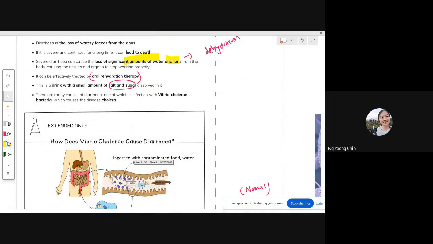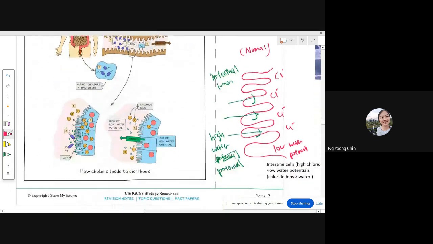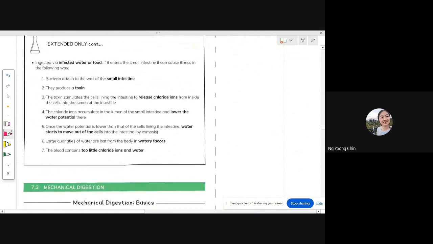Okay, so remember Vibrio cholerae. This is a commonly asked question in the IGCSE. Okay, so the route of cholera is that it is ingested through water and foods. So this is the process you need to know.